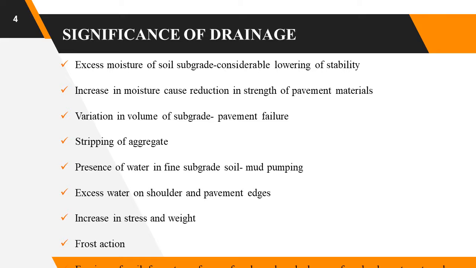In places where freezing temperatures are prevalent in winter, the presence of water in subgrade and a continuous supply of water from the groundwater can cause considerable damage to the pavement due to frost action. Finally, erosion of soil from top of unsurfaced roads and slopes of embankment cut and hillside is also due to surface layer.